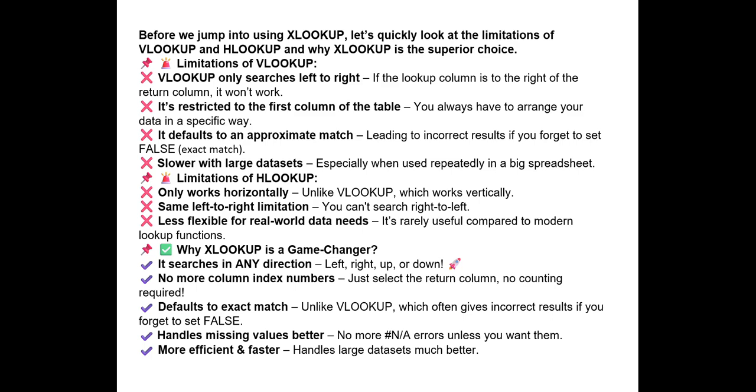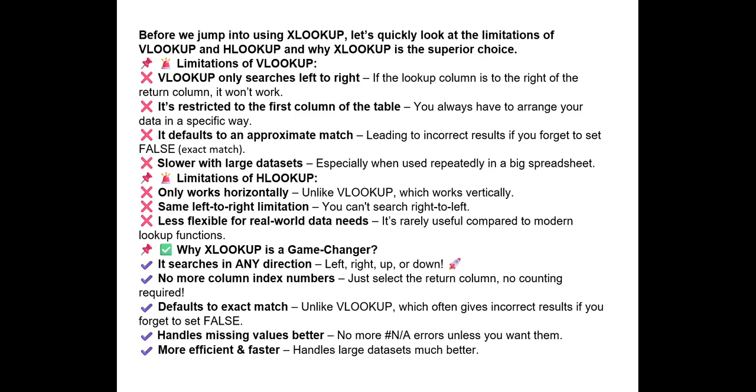You don't have to do that counting here. It defaults to exact match, unlike VLOOKUP, which often gives incorrect results if you forget to set false, so that is taken care of here as well.